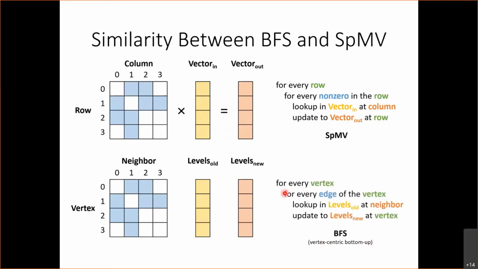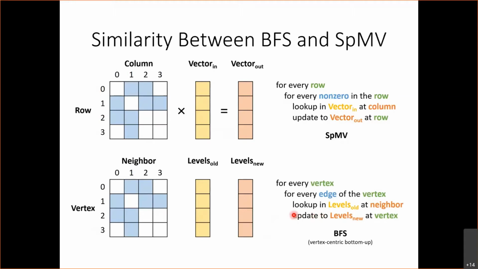Well, for every vertex, which is kind of like for every row in SPMV, and then for every edge of that vertex, which is like for every non-zero in the row, we looked up the old level of the neighbor, which is like looking up the input vector at the column, and then we updated the new level at the vertex itself, which is like updating the output vector for the row at the row index.